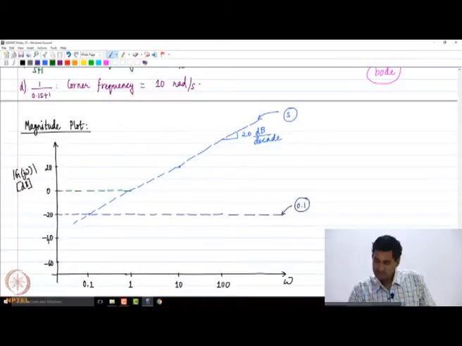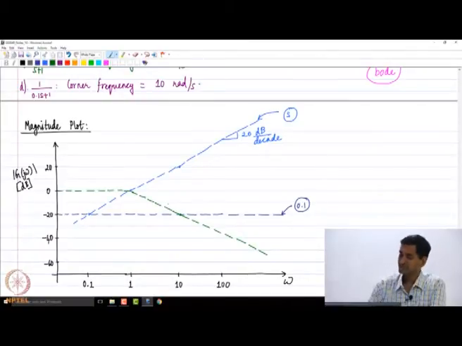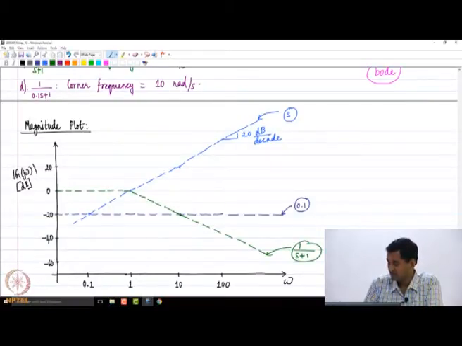Let us say I take a frequency of 10, I mark where minus 20 is, then I can plot the high frequency asymptote with a slope of minus 20 decibels per decade. So, this is the Bode diagram for 1 divided by s plus 1.